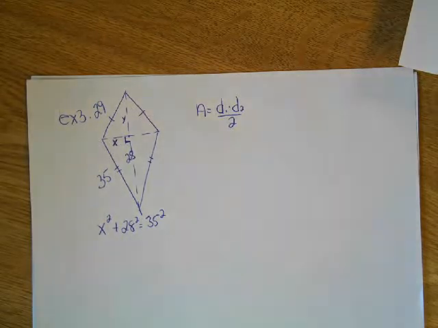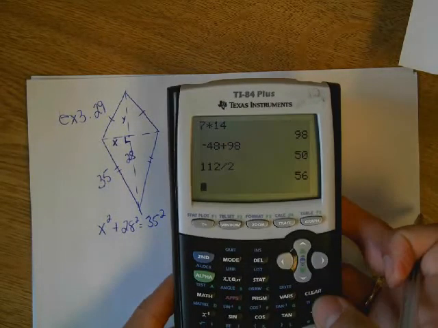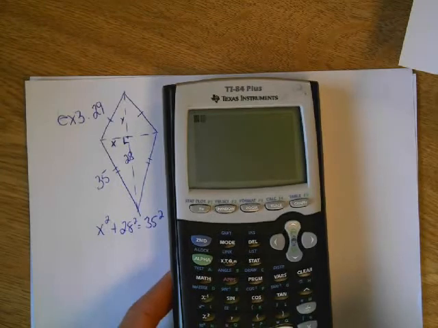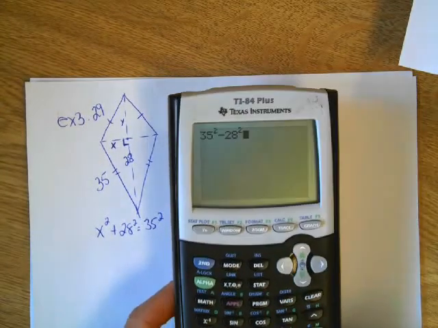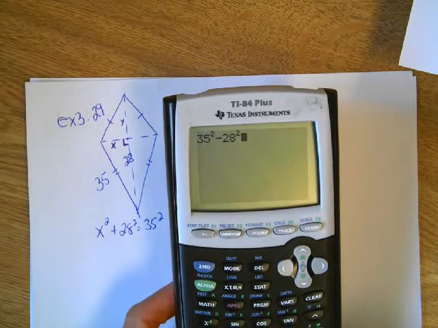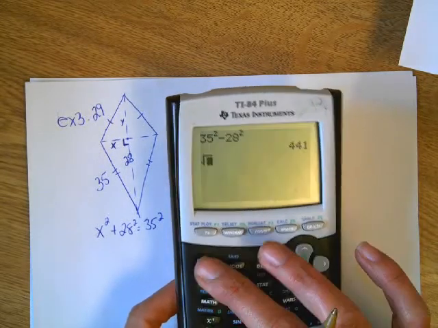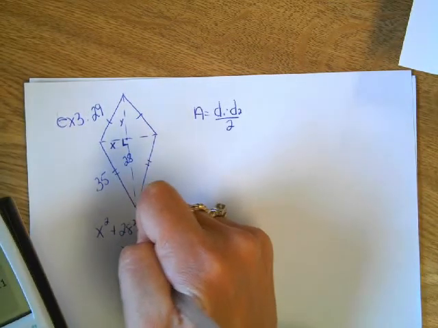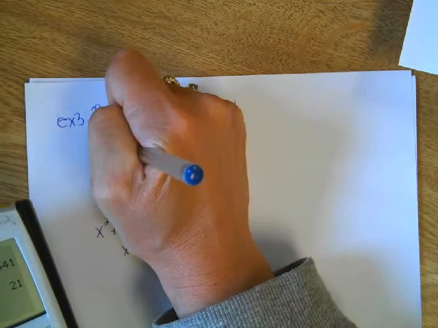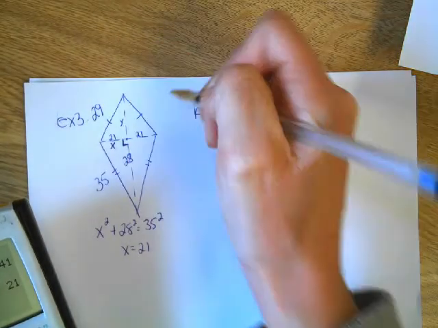Oh, here it is. Couldn't find it. Alright, clear. So I'm going to go 35 squared, subtract 28 squared. Calculator does the squaring before the subtracting. It has that order of operations, which is nice. And then square root that answer, 21. So this x value is 21. So that means this side is 21.